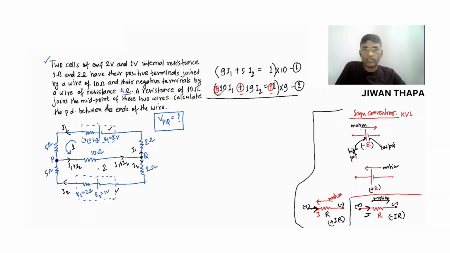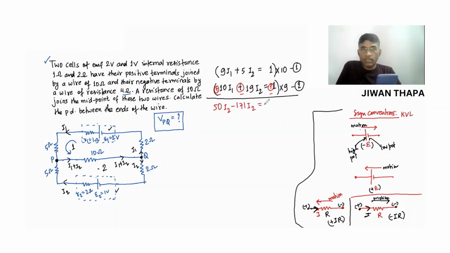So what do we get? The first term, 90 I1, and this also gives minus 90 I1, so this cancels out. The first term cancels. The second term on the left hand side: 50 I2 minus, let us find this, 19 times 9 equals 171 I2.